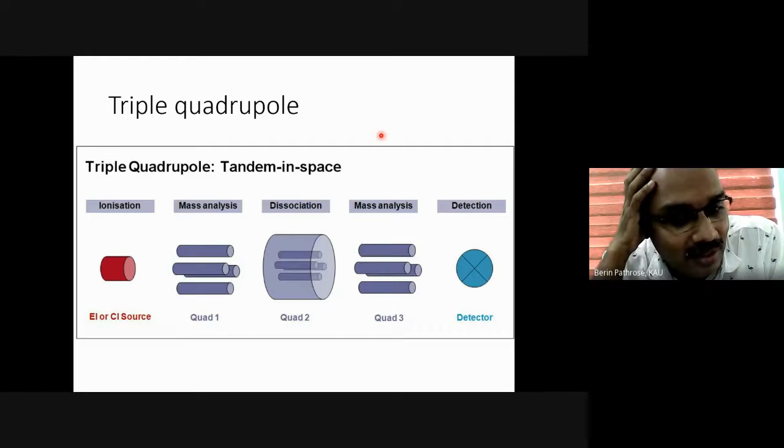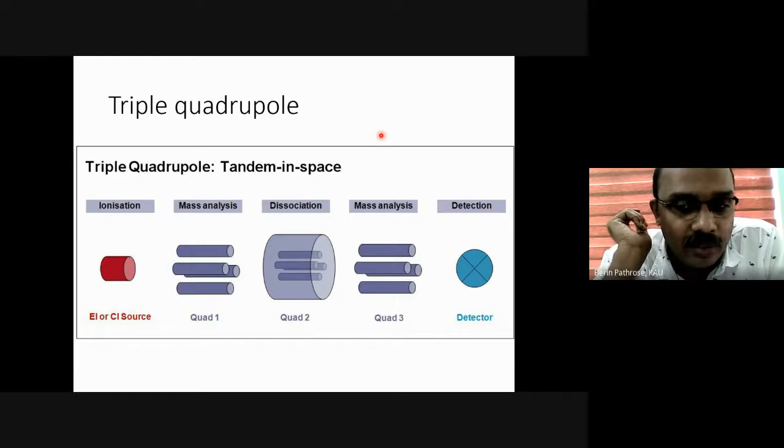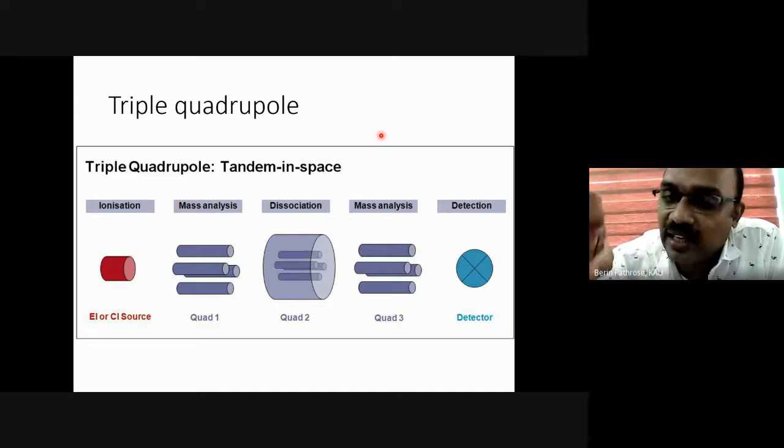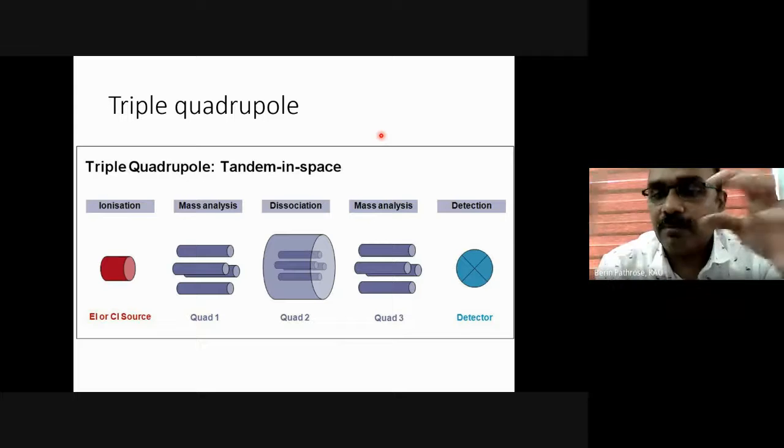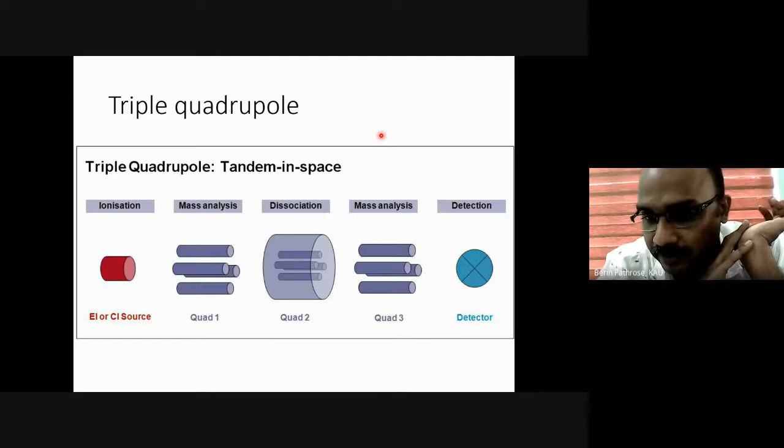Yes. So what we will do is, say we have a mixture of 10 pesticides. We will take the standard 10 pesticides and inject it. Each of the 10 pesticides will have a different mass.